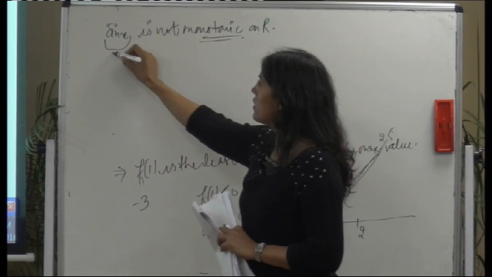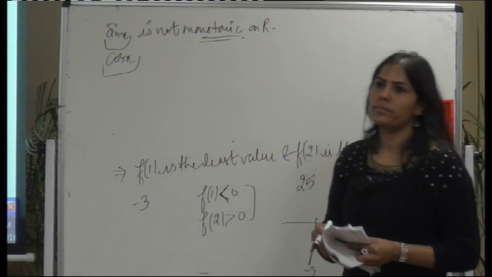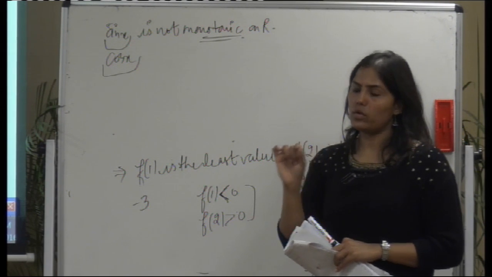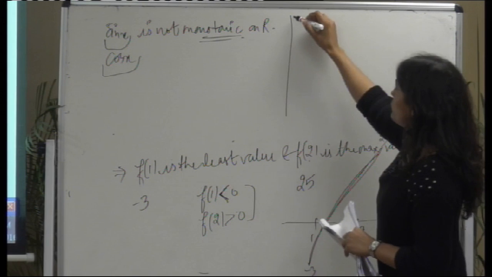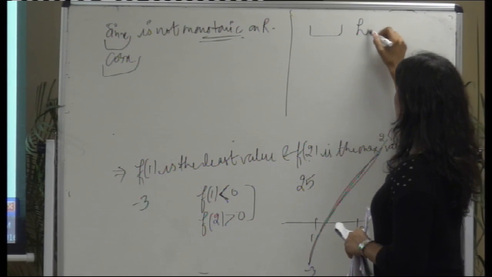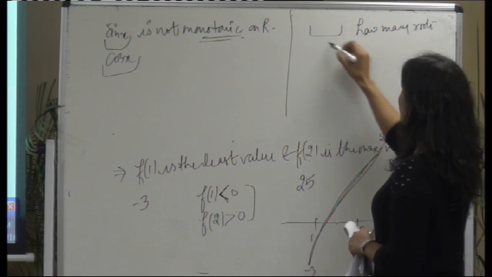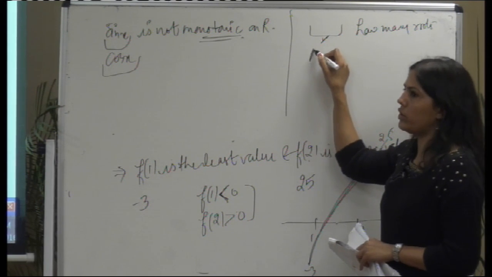What about cos x? Same condition it is following. Is it fine? Your question could be like, any function and how many roots? So first you will check if this function is increasing, then 100% one root only. No other root can lie.